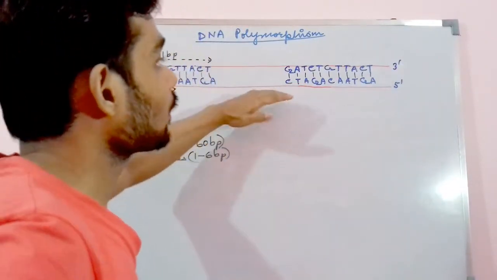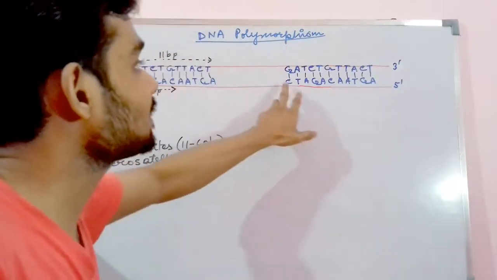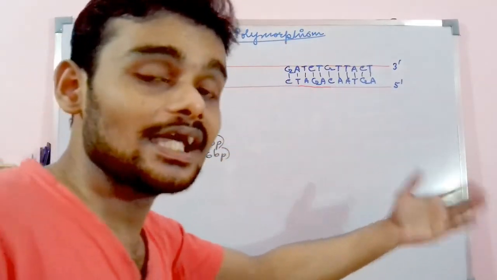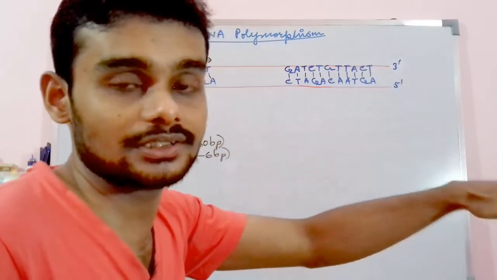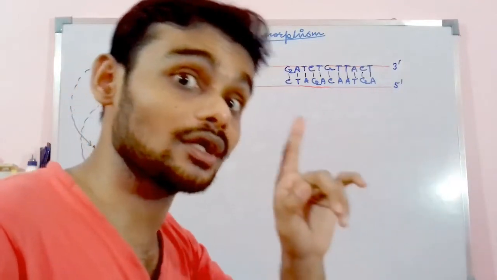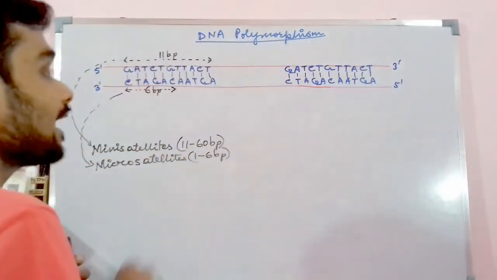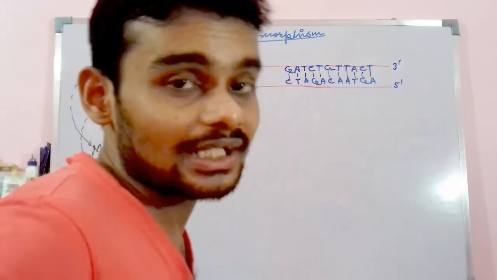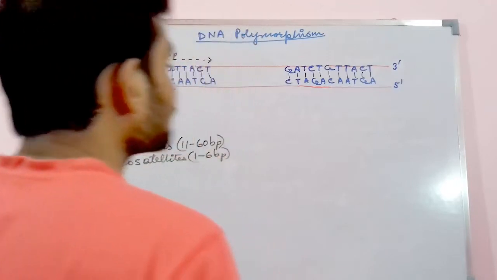I mean, the base pairing will not be as it is in all the repetitions within the same genome, within the same chromosome or the different chromosomes of different cells within the body of that particular species or organism. Okay, there would be a change in the base pairing, a change in the structure.